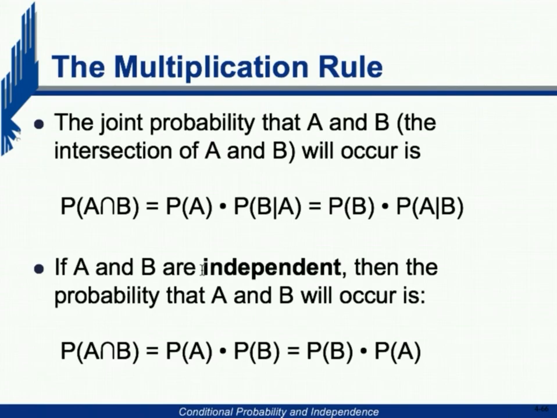Otherwise, if the events are not independent, we have to use the original formulas, either this one or this one, in order to compute for the probability of the intersection of two events.